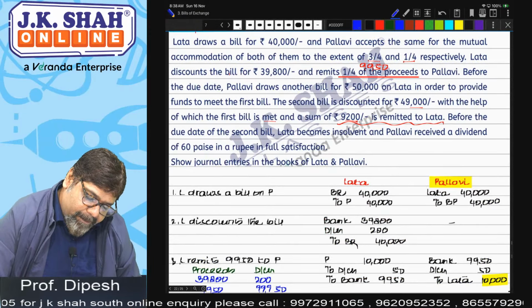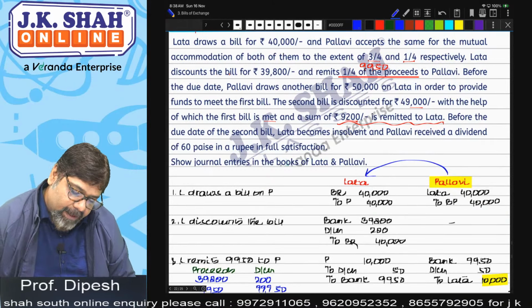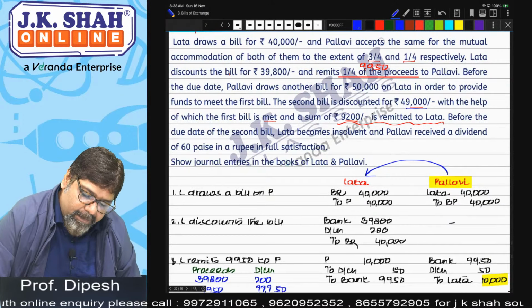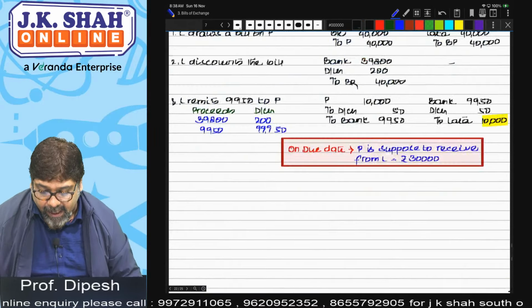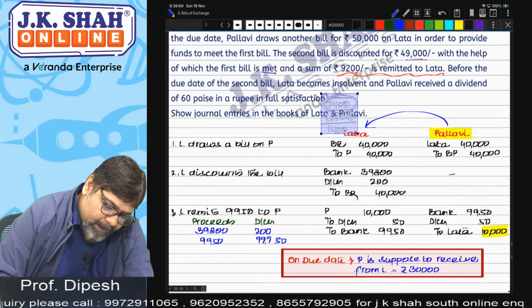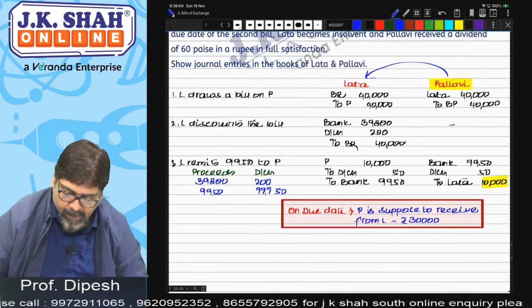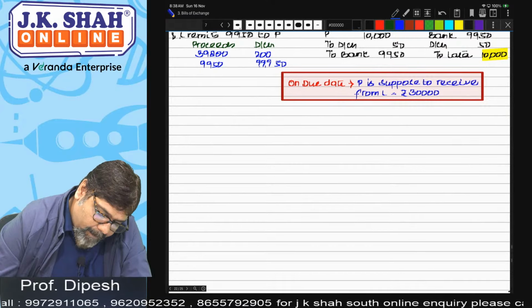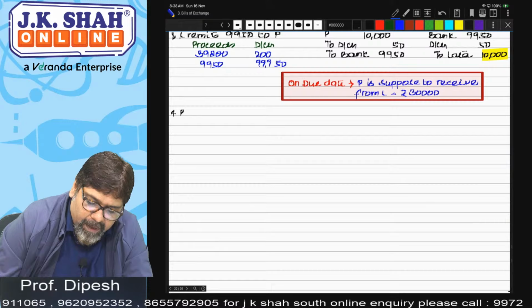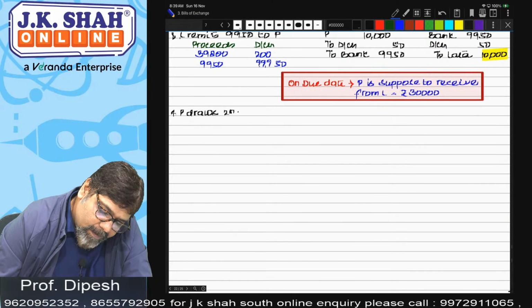But before the due date, Pallavi draws another bill. Now Pallavi will draw a bill on Lata, discount it for 49,000, and with the help of it the first bill is met. Now, twist in the story. Number 5.